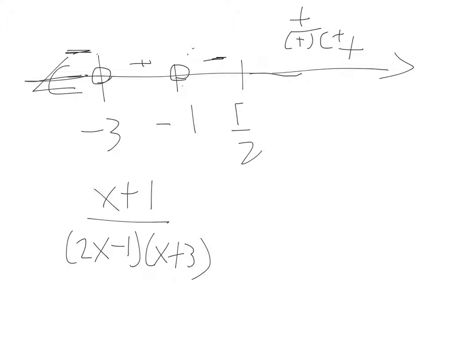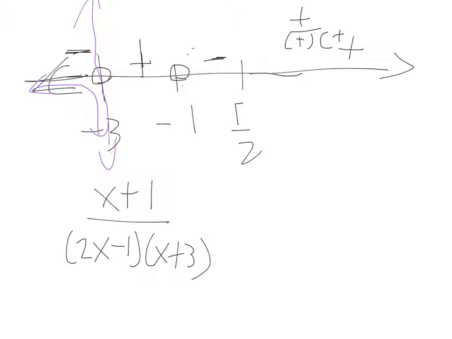So, if you want to plot those points, or keep in mind those intervals, the graph will look something like this. If this is the interval, remember that would be a vertical asymptote.